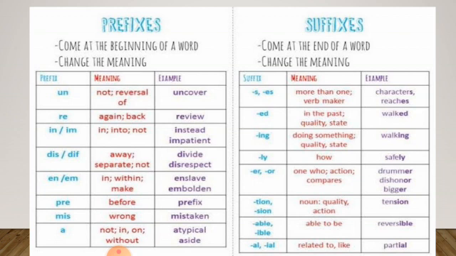Then mistaken, taken, for example. That is the third form of take, but when I add a prefix to it, mistaken. Sight, aside. So these are the prefixes.